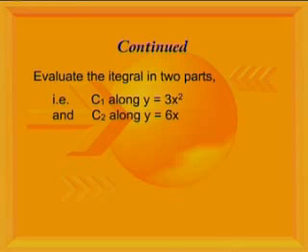This closed region has two branches for the curves. Number 1, we call it C1, which is along the parabola y is equal to 3x square, and then from the point A to 0 along the line y is equal to 6x.